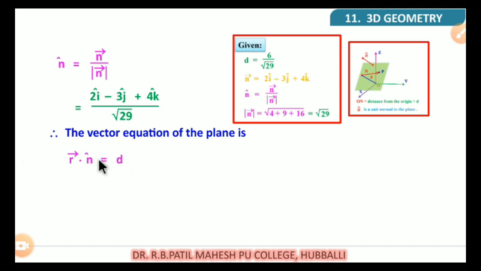Therefore we can replace the values here. r vector dot n cap is 2i minus 3j plus 4k divided by square root of 29, which is exactly equal to 6 by square root of 29. So it is the vector equation of the plane, in the form r dot 2i minus 3j plus 4k divided by square root of 29 is equal to 6 divided by square root of 29.